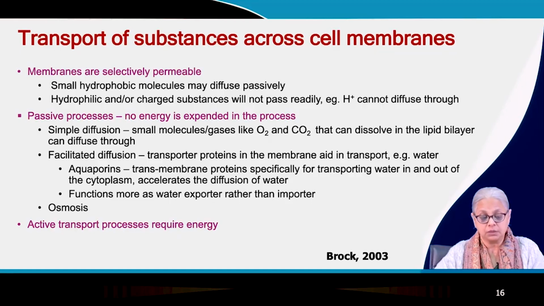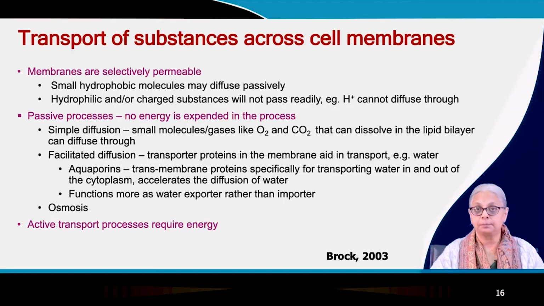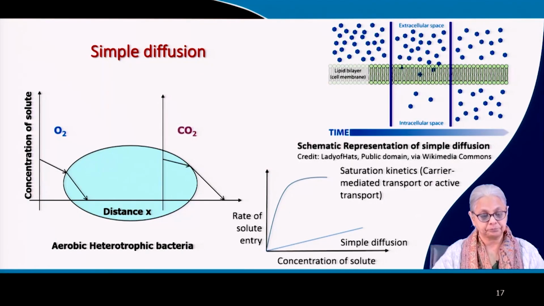The last one is active processes, which require energy. Active literally means the cell has to utilize energy for pushing things through, in or out, and passive means no energy is utilized. So let's take a look at the passive processes first, and then we will take a look at active processes.